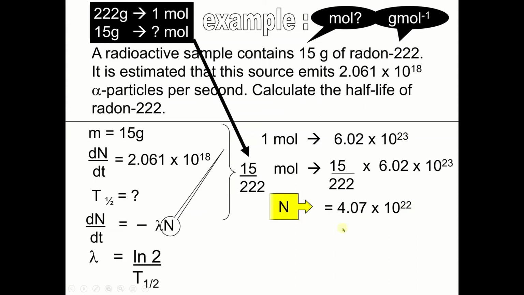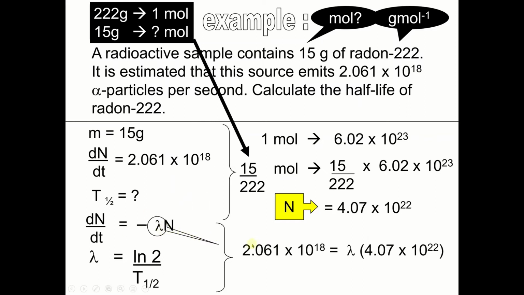So this is N. Next we substitute to get the decay constant. dN by dt is 2.061 times 10 to the power of 18, then the decay constant and N. We bring N to the left side: 2.061 times 10 to the power of 18 divided by 4.07 times 10 to the power of 22. So we get the decay constant equals 5.06 times 10 to the power of negative 5.